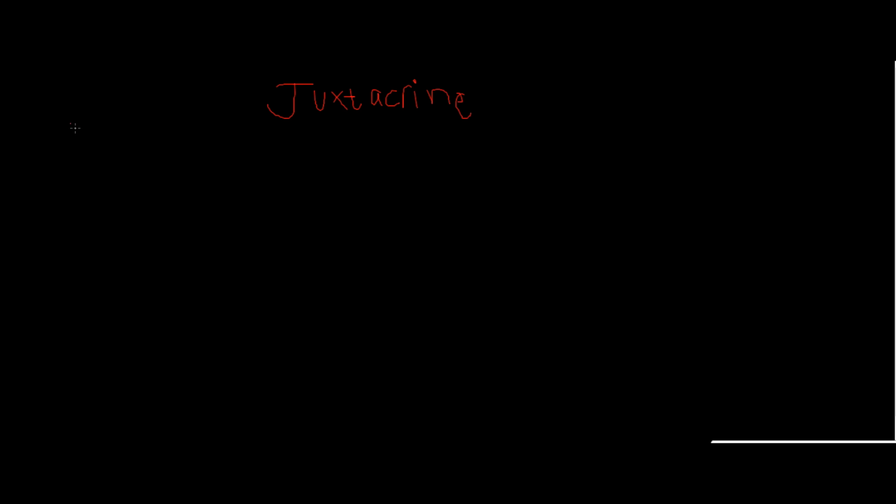So juxtacrine cell signaling, basically, in a nutshell, involves two cells.